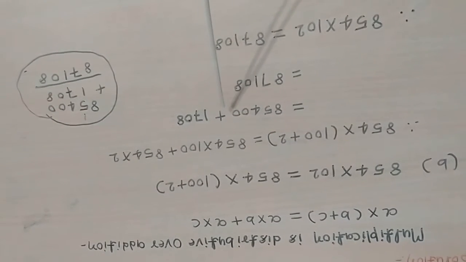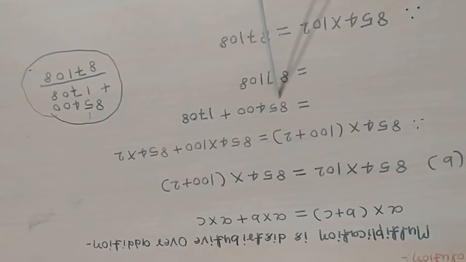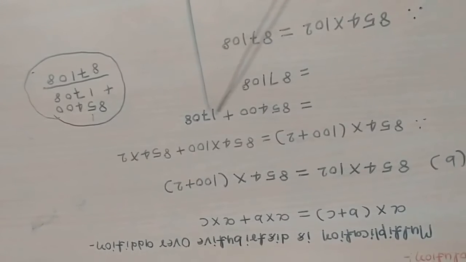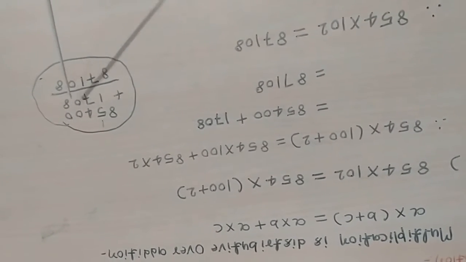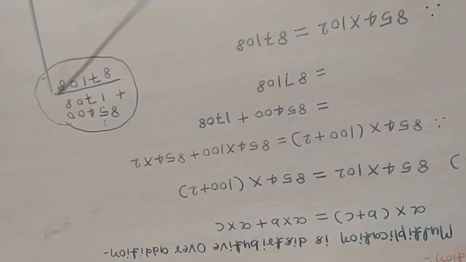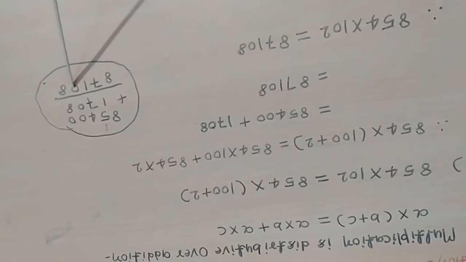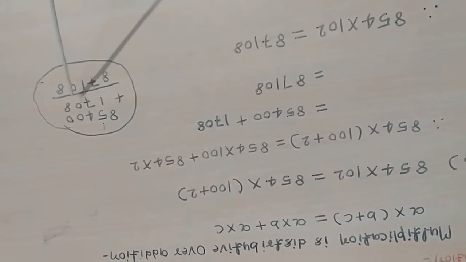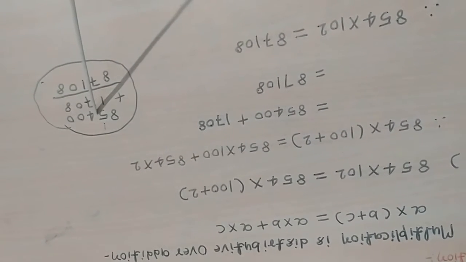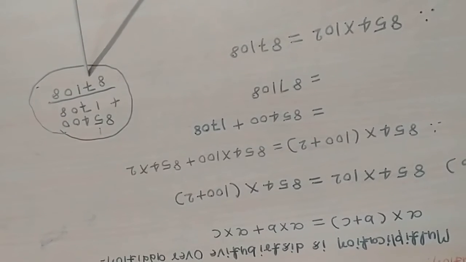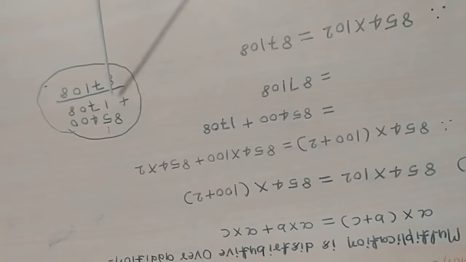So 85,400 plus 1,708. See here the sum: 0 plus 8 is 8, 0 plus 0 is 0, 4 plus 7 is 11, carry 1, and 1 plus 5 is 6, plus 1 is 7, and 8 we write as it is.